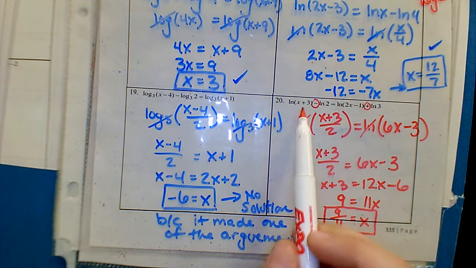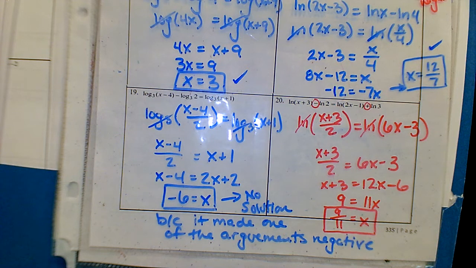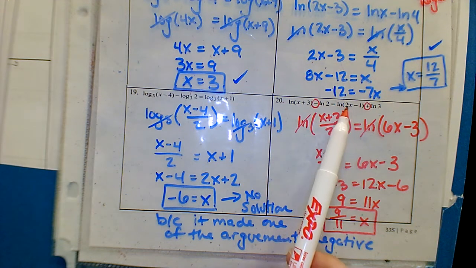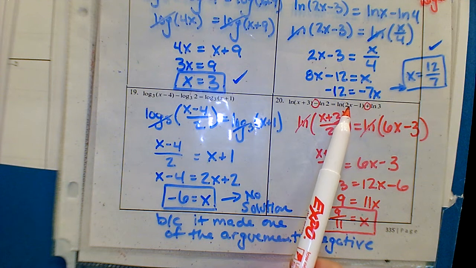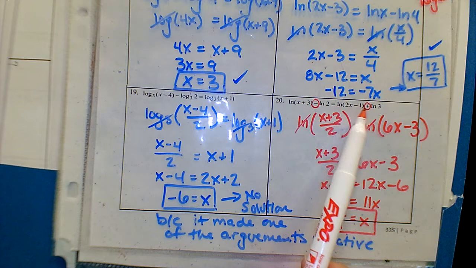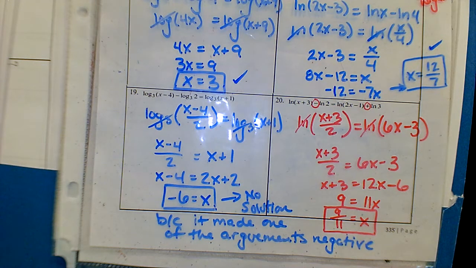Because you're taking a positive number and adding another positive number, so it's going to stay positive. If we plug in 9 over 11 here, we have to multiply it by 2, so that would be 18 over 11, and then we need to subtract 1. That's still going to be positive, because 18 over 11 is bigger than 1, and if you subtract 1, you're still going to be positive.